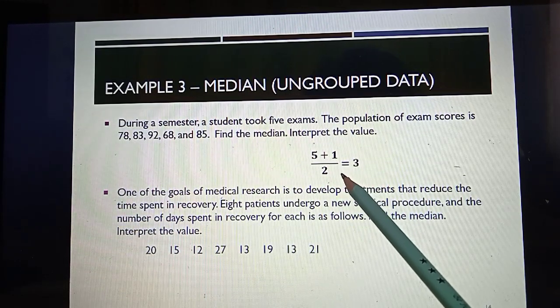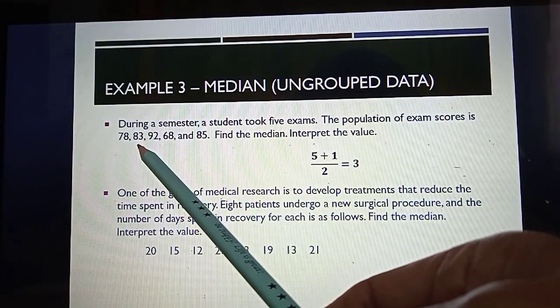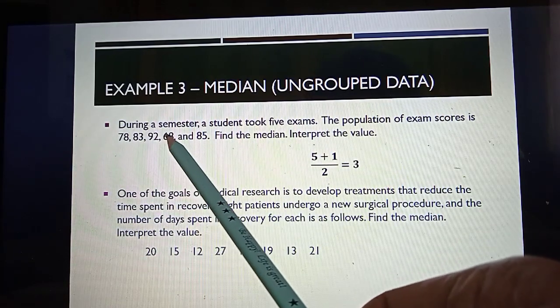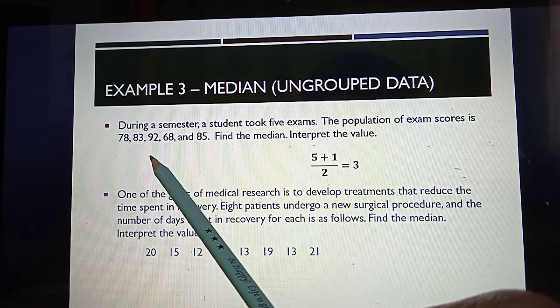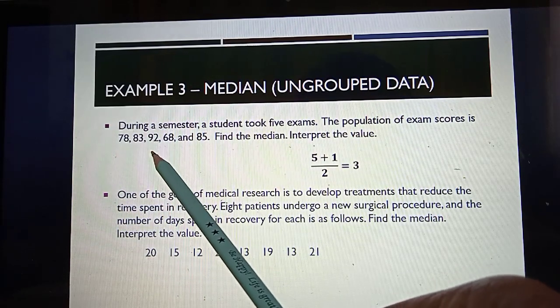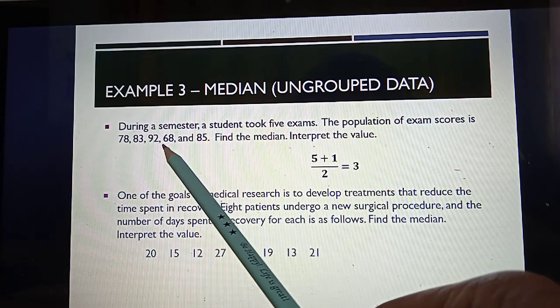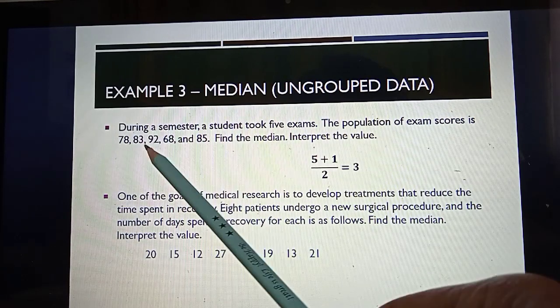Okay, if the median is 3, we need to sort this in ascending order. So 68, 73, 83, 85 and 92.